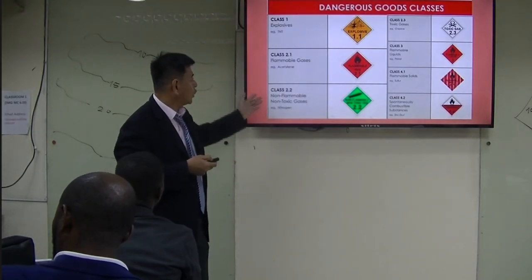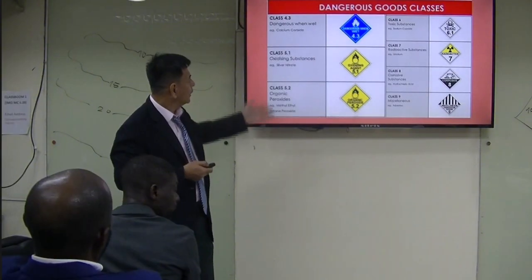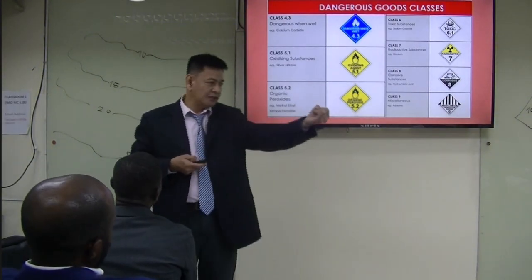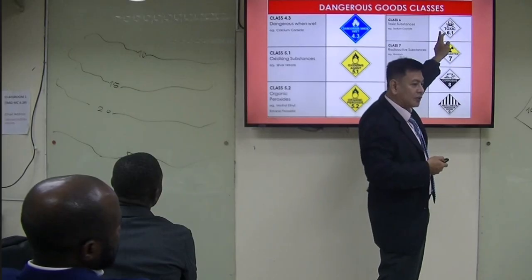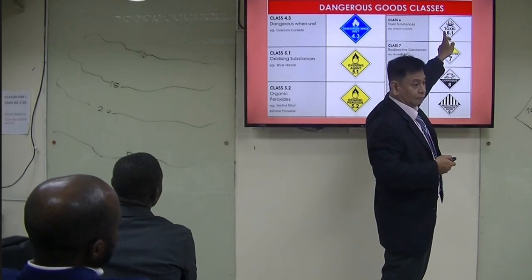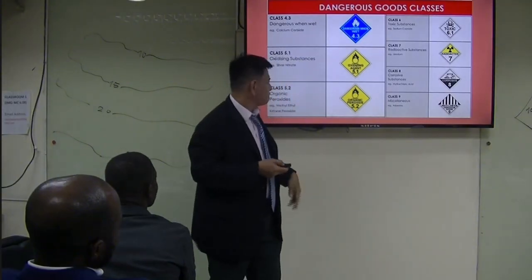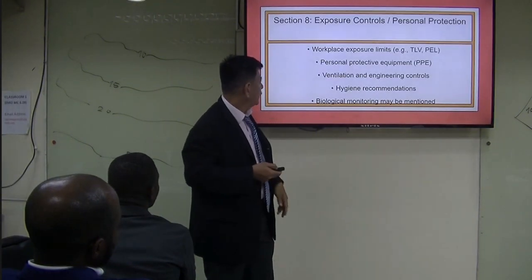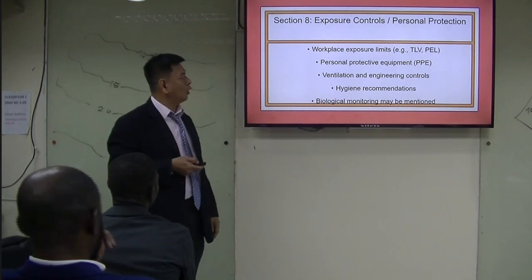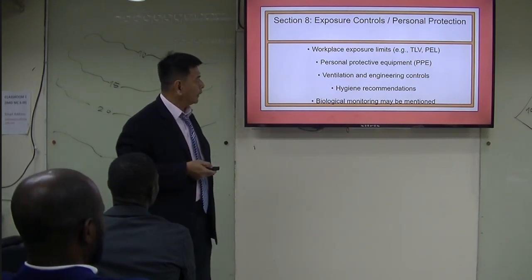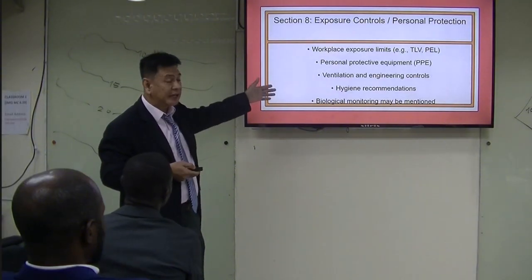Same as the coding, you can immediately identify whether it is toxic from the signage in section 2 of the MSDS. Then section 8 covers exposure control and personal protective equipment. The threshold limit is indicated in this section.